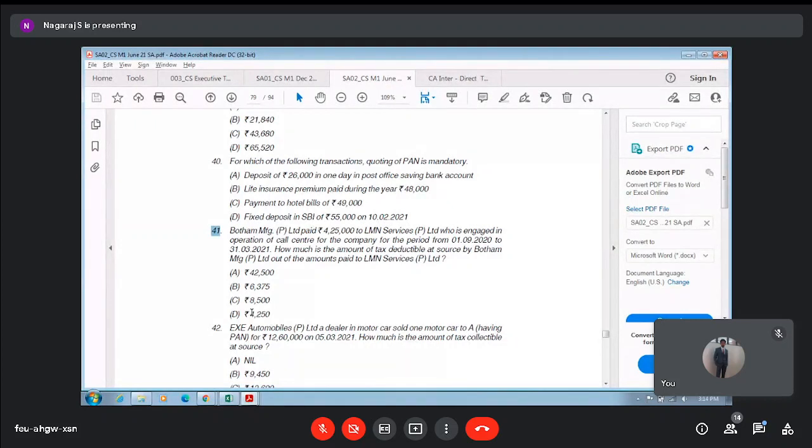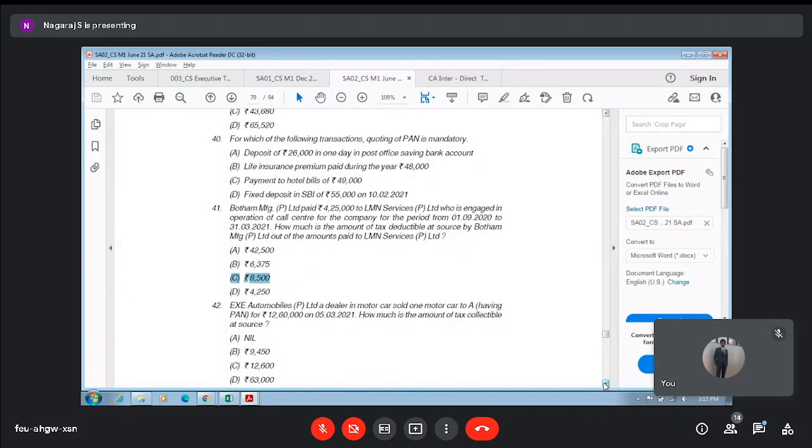TDS, which section? 194J. What is the percentage? 10% for normal. For call center, it is 2%. Okay, 2% on which amount? On this 4,25,000. What is the TDS amount? 8,500.